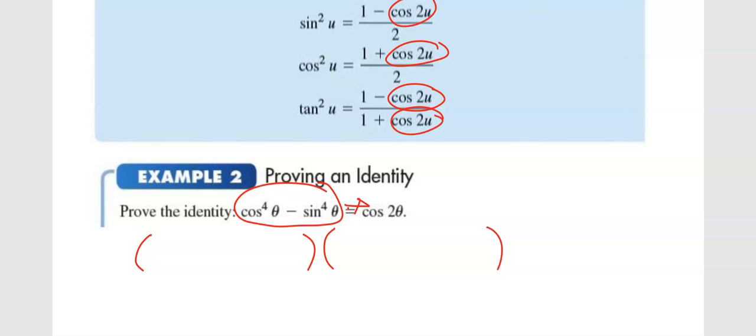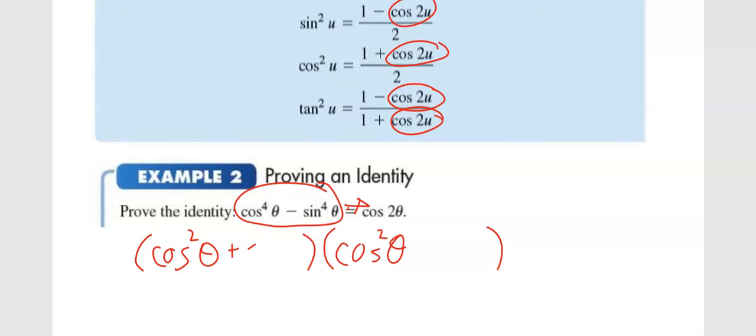All right, so what do you think it should be? Any ideas? Cosine squared theta? Yeah, we could break that cosine to the fourth up into cosine squared theta, cosine squared theta. And then what did you say again?